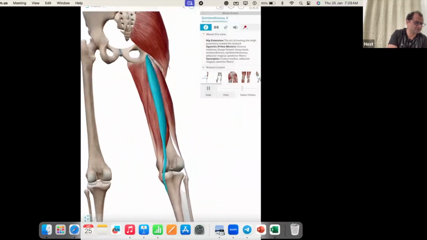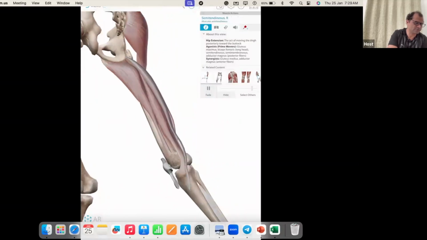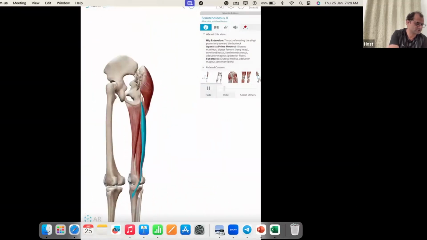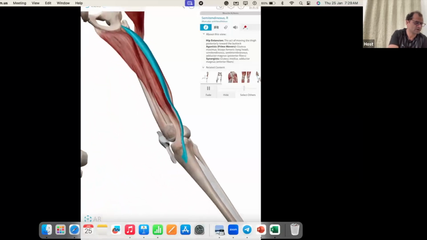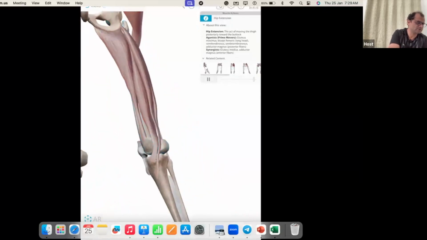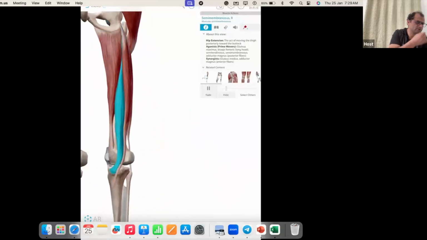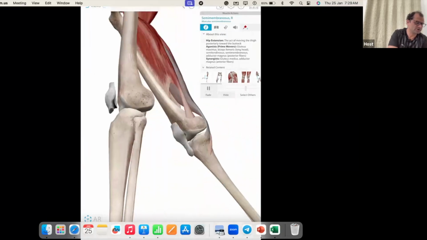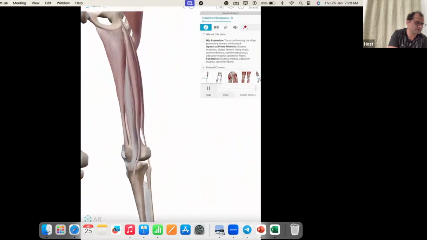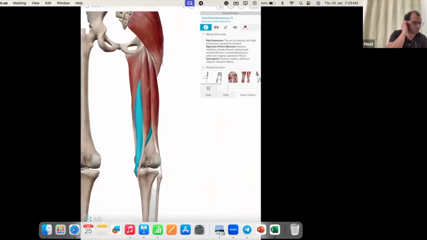Then semitendinosus is ending on the medial side of the knee. We can see here. ये हमारे घुटने के medial side में जा रही है. And this semimembranosus is also ending on the medial side of the knee. So it means the medial side knee pain might be the result of this problem.